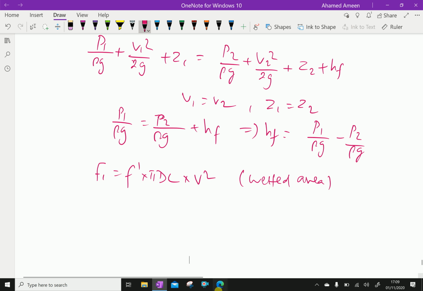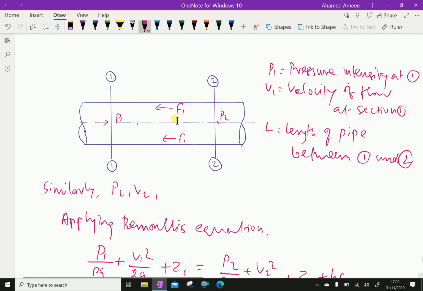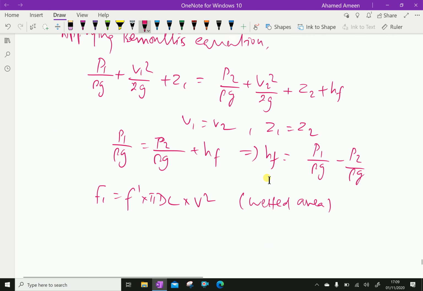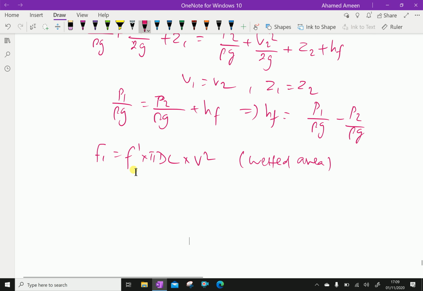That means the frictional force acts on the wetted area of the pipe, that is pi d L is that area, so F1 equals F dash into pi d L into V square.